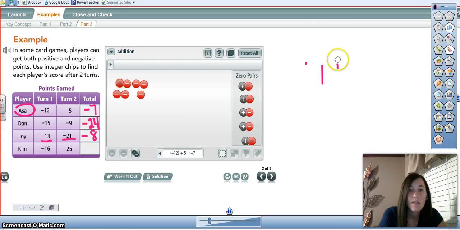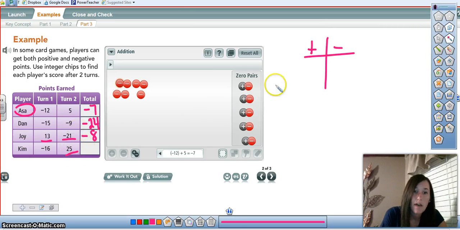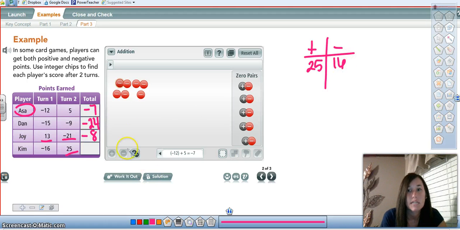Okay, and lastly for Ken. The positive team has 25. The negative team has 16. Which team wins? The positive team. So we know the answer is positive by how much? By 9. They have 9 more than the negative team.